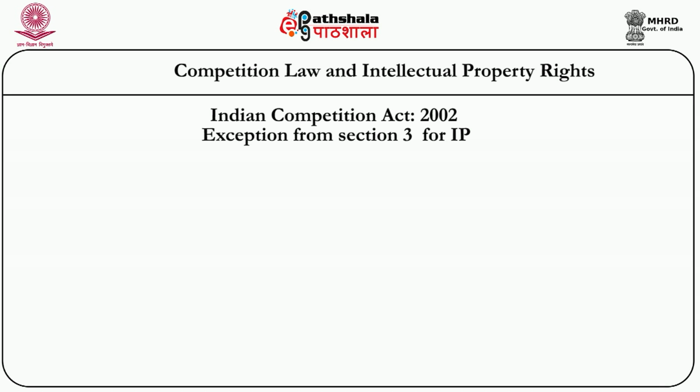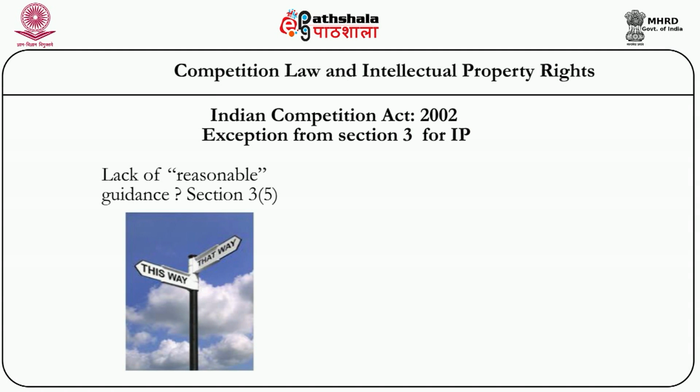However, there is a lack of any effective guidance in relation to what is meant by unreasonable licensing practices, because a patent holder is allowed to take all reasonable measures within the scope of patent law to protect his intellectual property. The Act, section 3.5, makes an exception only with reference to unreasonable conditions.